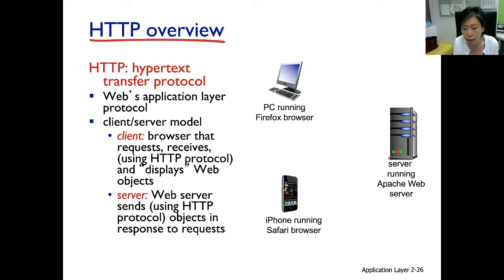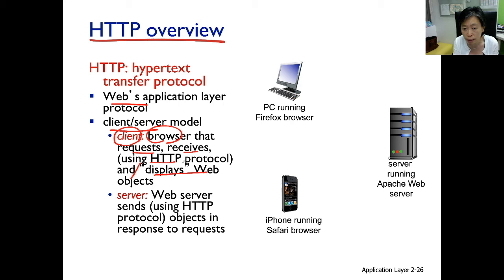The HTTP protocol that supports the web application runs in the client-server model. The client here is essentially the browser. The browser requests web objects and in turn receives web objects, using the HTTP protocol. Another task the browser does is displaying the web objects.